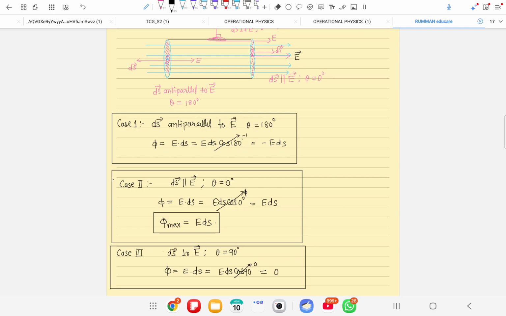Why is this? Because for the curved surface, the angle between the area vector and the field is 90 degrees. That's why the flux in this region will be 0. So we have three cases.